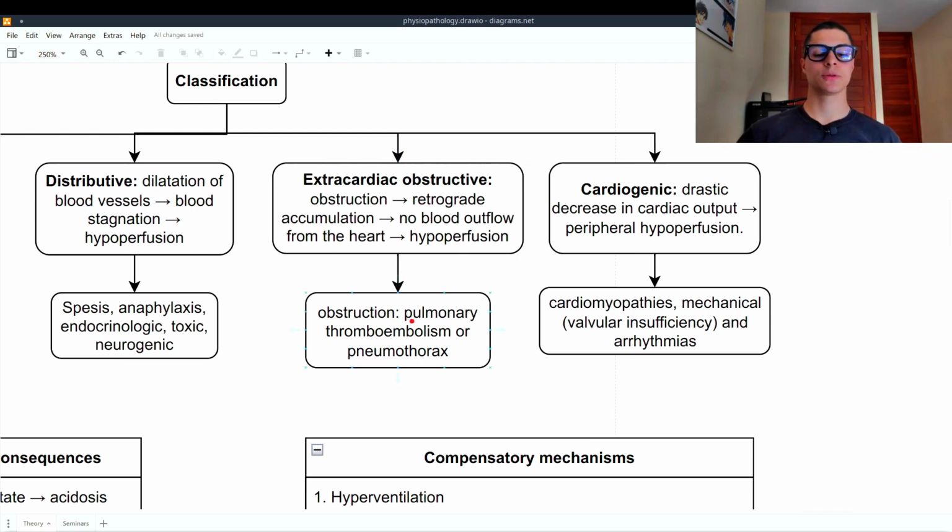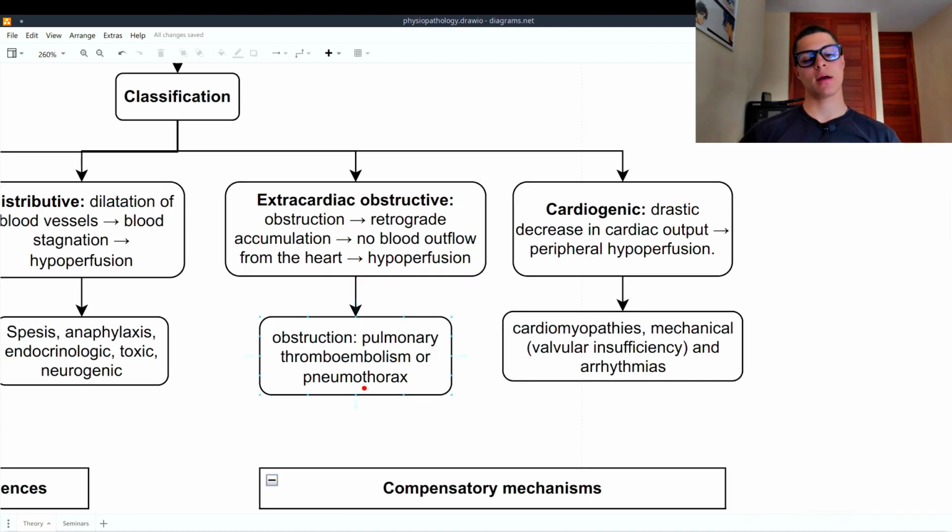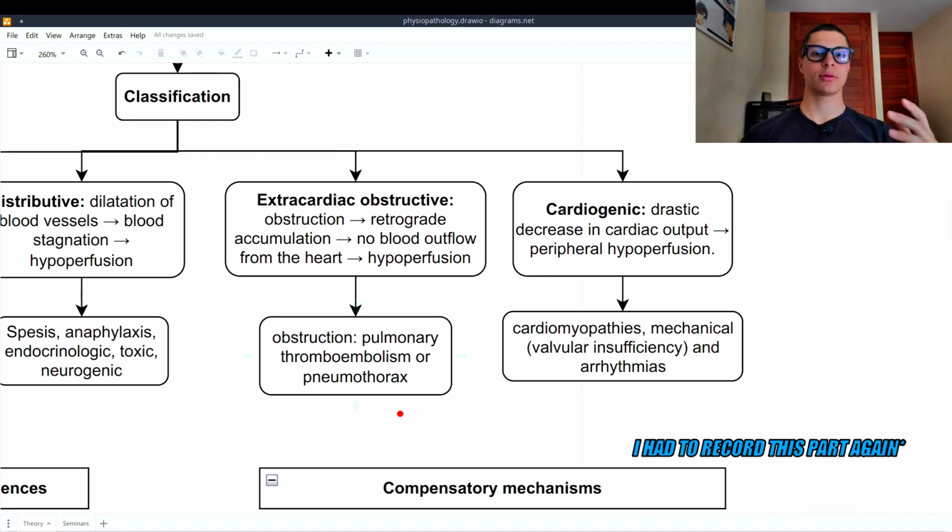And this happens because of pulmonary thromboembolism, so when the blood gets accumulated in the lungs, or pneumothorax. When there is air in the pleural cavity, the lung cannot really expand to its full potential, but the other one can, and this will create a movement of the heart towards the center. This will pinch the aorta, creating an obstruction there and impeding the blood flow.